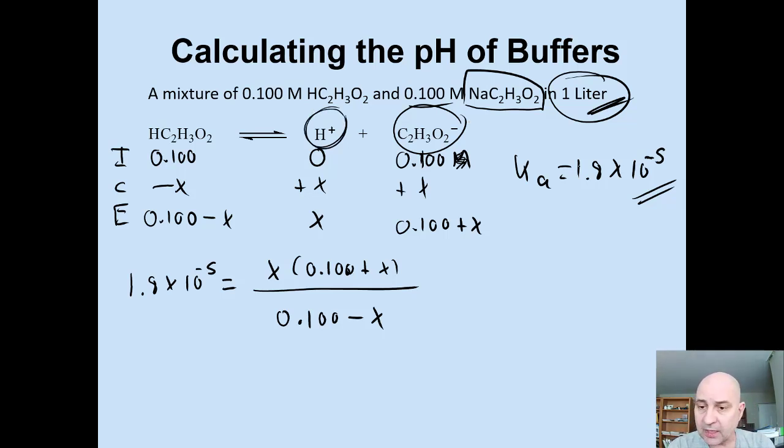So that means that we can make an assumption that x is very, very small, and so that turns our equation into x times 0.100 divided by 0.100, and so in this case it's convenient. The math actually is very easy.